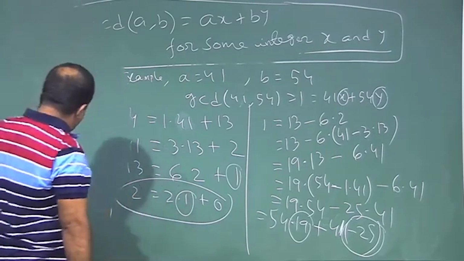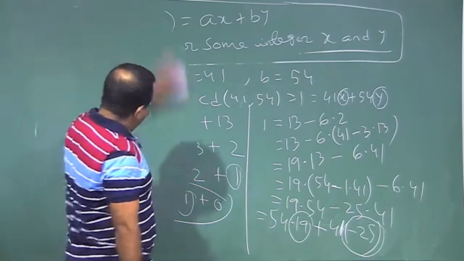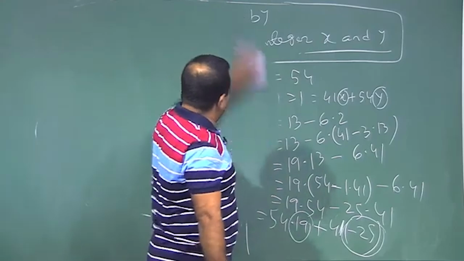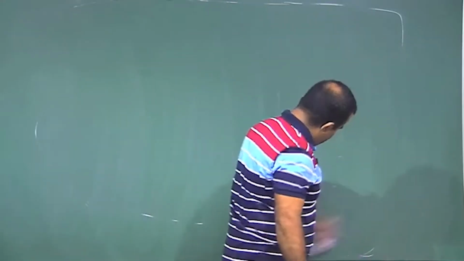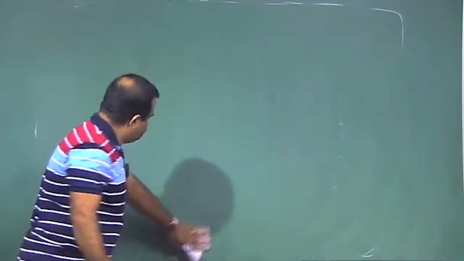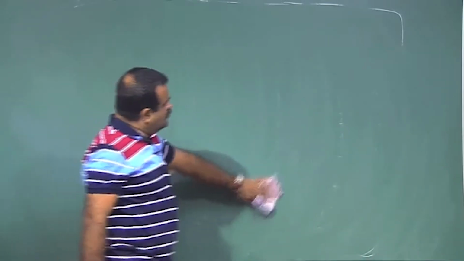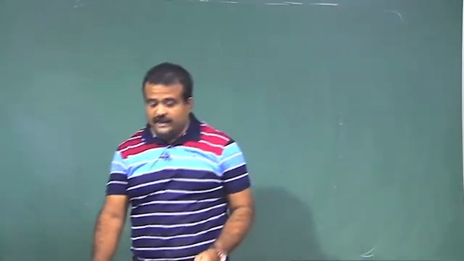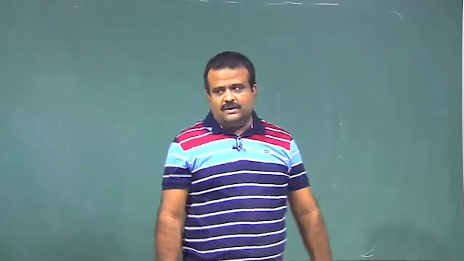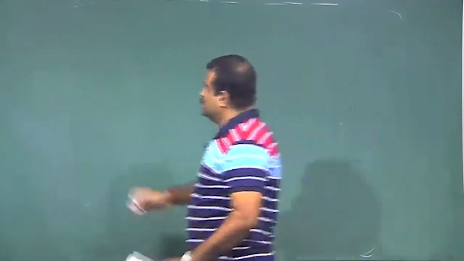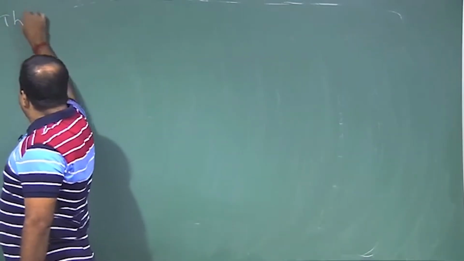Let us state that theorem, and that theorem will give us the extended Euclidean algorithm. The Euclid algorithm is to find the GCD, but the extended Euclidean algorithm will give us the coefficients.